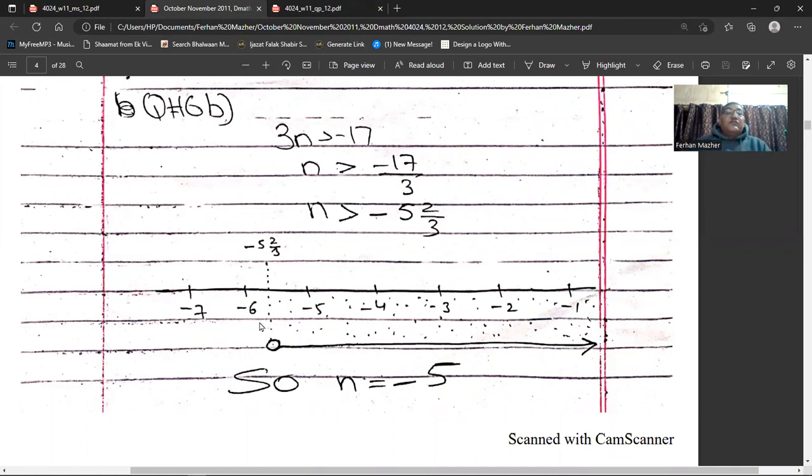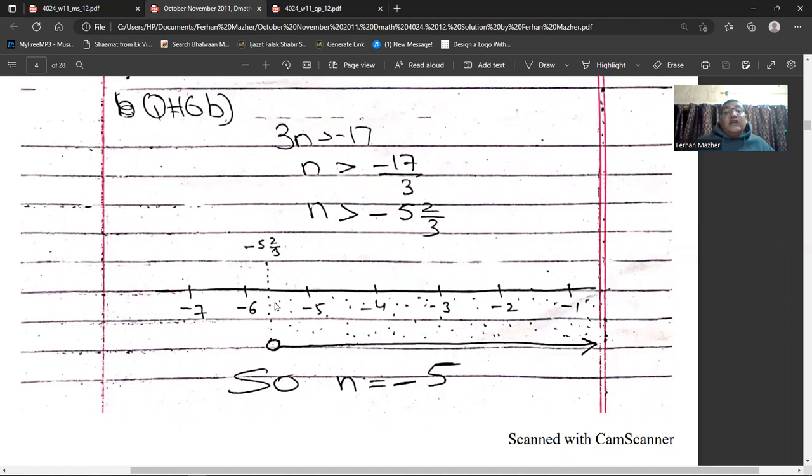So I will show this solution on the number line. So here I have made a number line. Minus 5, minus 4, minus 3, minus 2, minus 1. On the other side, minus 6, minus 7. My solution, n is greater than minus 5 whole 2 by 3. So minus 5 whole 2 by 3 will be here somewhere.